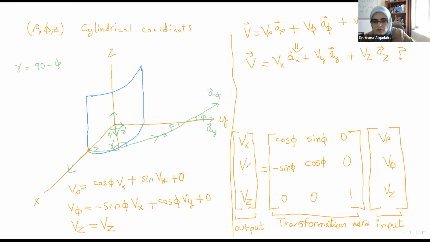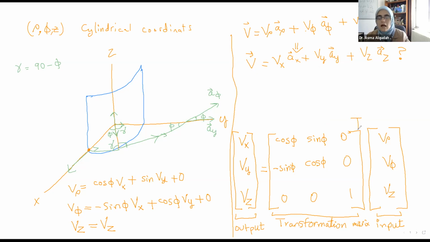But here for the transformation matrix, we need to use the transpose of the transformation matrix. We can't use the same transformation matrix to transform from the cylindrical into the Cartesian. We have to use the transpose of this matrix.